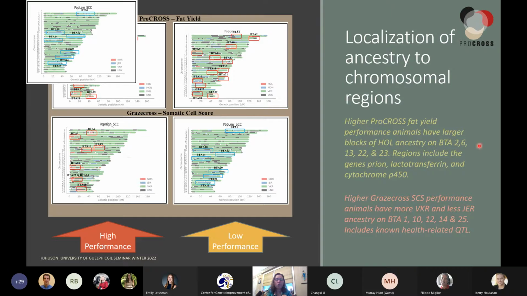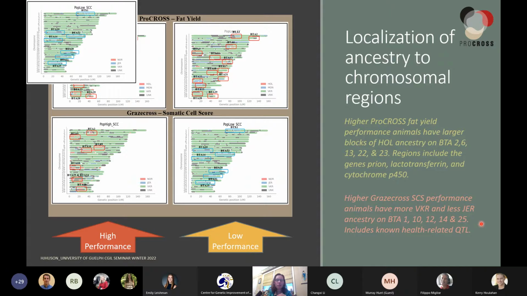In our preliminary analysis, we're finding blocks of Holstein over certain regions that are already known QTL for production traits. In some of our preliminary results for the Gray's cross, we're finding, again, blocks of certain ancestries over known QTL for health traits. So it's leading us in this direction.